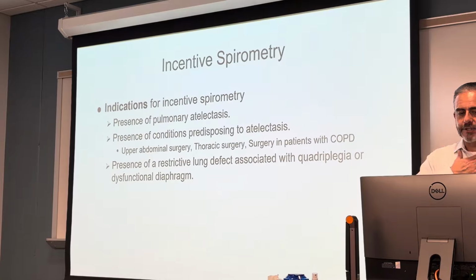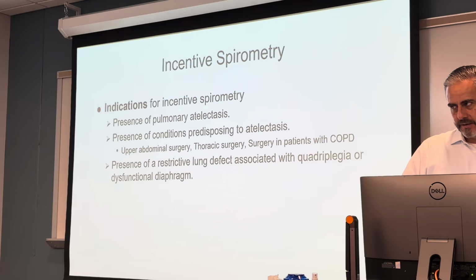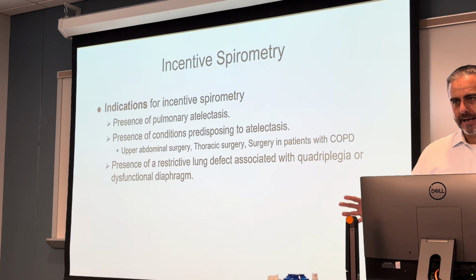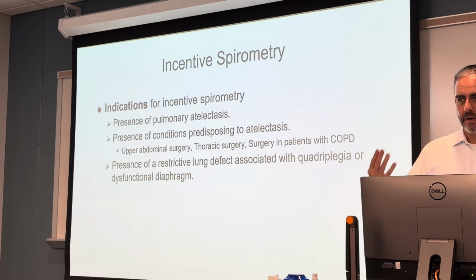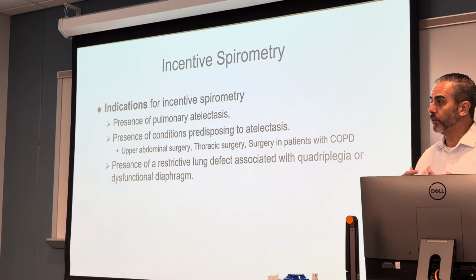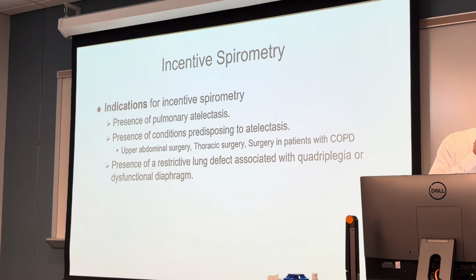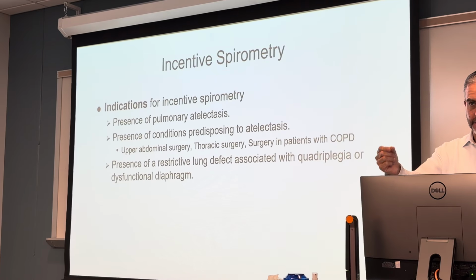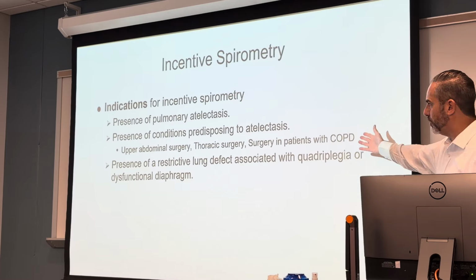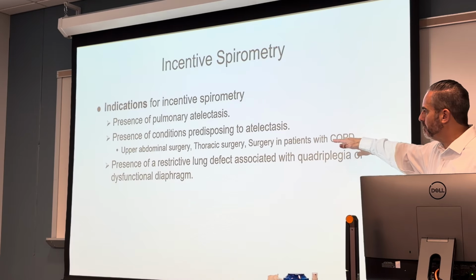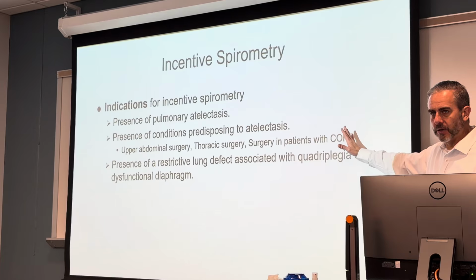All right, so indications. Presence of atelectasis. So again, they have it. We see they have it. Okay, so I'm going to encourage this deep breathing so the patient can help to open up and recruit their own alveoli. Number 2 here, presence of conditions predisposing the patient to atelectasis. Again, that post-op patient, that patient who has been lying in bed for extended periods of time.